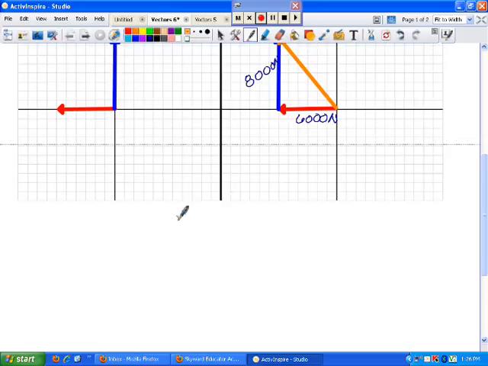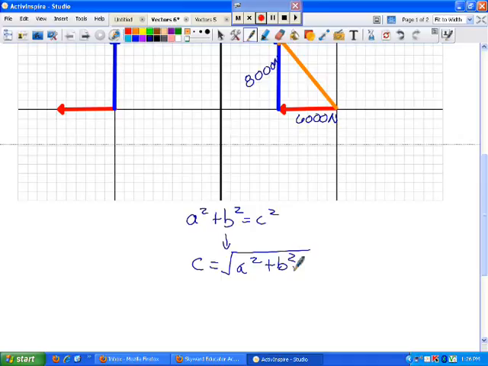So if we use the Pythagorean theorem of a squared plus b squared is equal to c squared, and we rearrange that so that c is equal to the square root of a squared plus b squared, and then we plug in for a 6,000 newtons and for b 8,000 newtons, we'll be able to easily find the resultant force acting on the cruise ship.